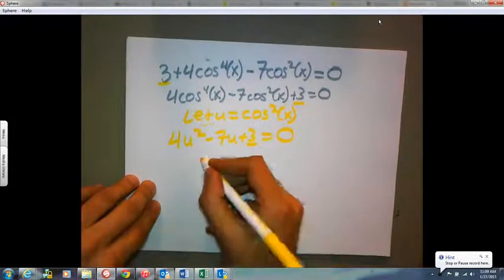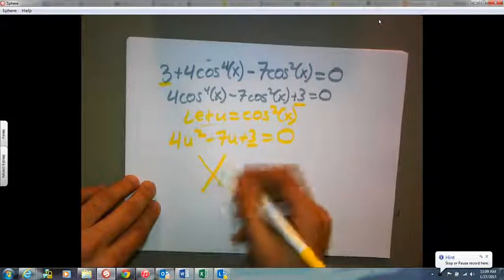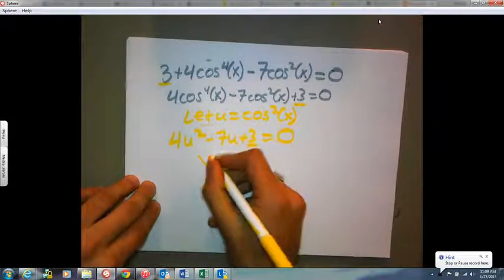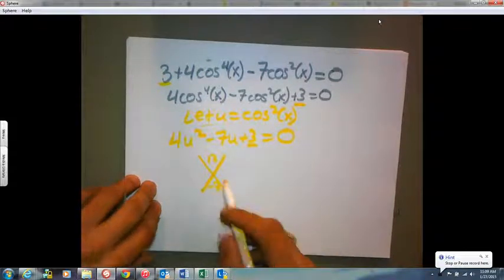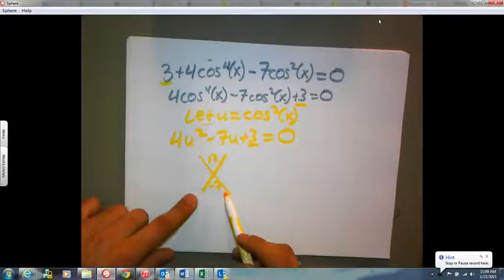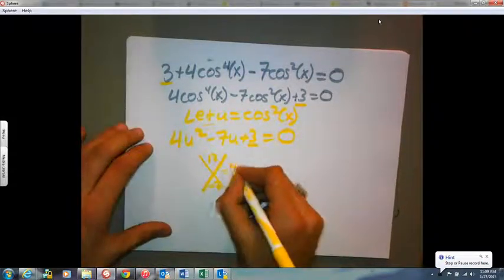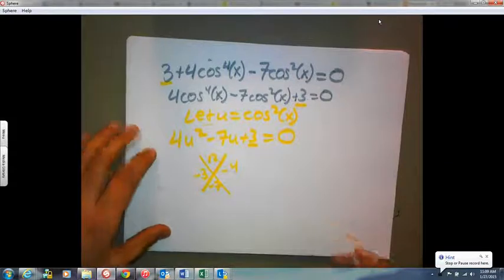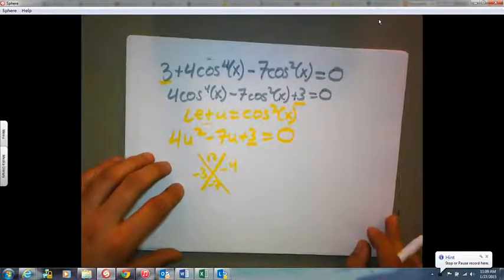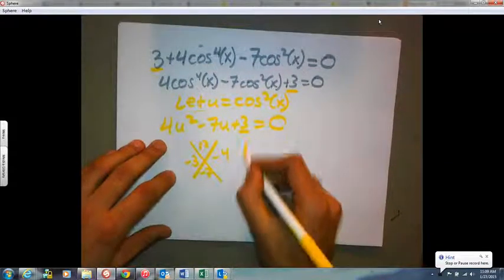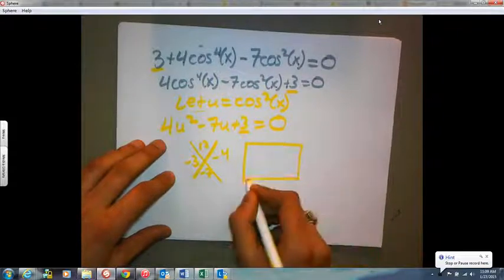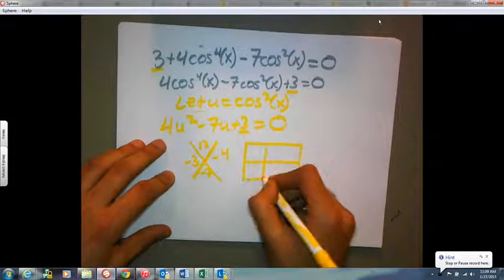Because now, for those who do this, it's a little bit more obvious, right? 12 minus 7, so you need two things to multiply to 12 and add to negative 7. You got negative 4, negative 3. Then the box, you guys have done this infinite times almost, it seems like.